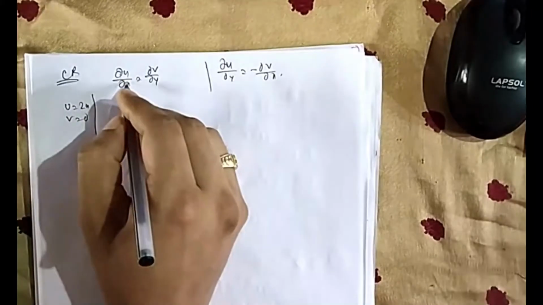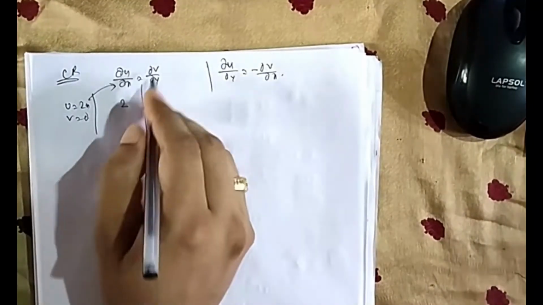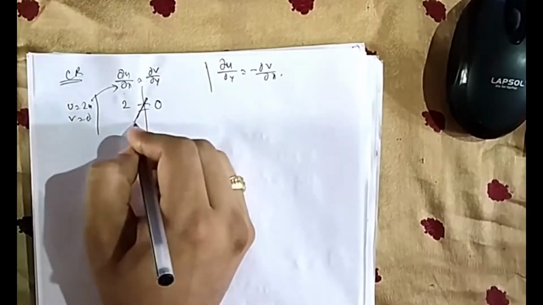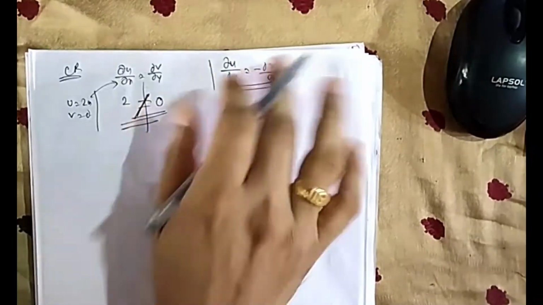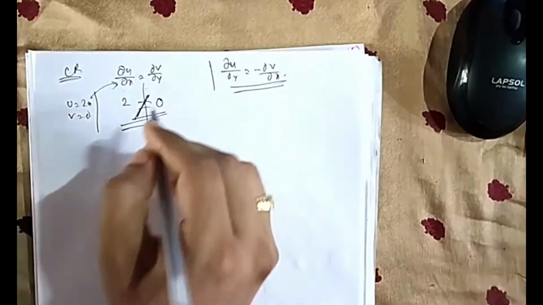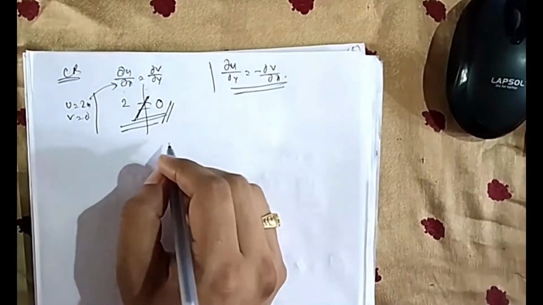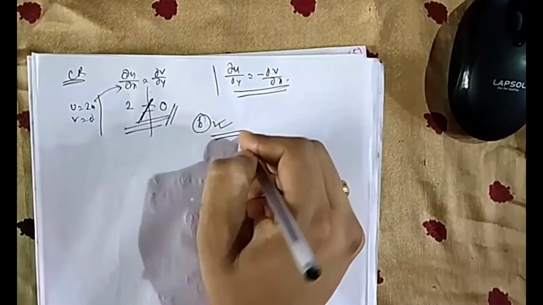If you take del u/del x, the differentiation of u with respect to x is 2. What is del v/del y? v is 0, so 0. So these two are not equal, and there is no need to go further because both should be satisfied for analytic. The CR equation is not satisfied, so obviously it is not analytic. So your option is obviously B. It is continuous but not analytic.